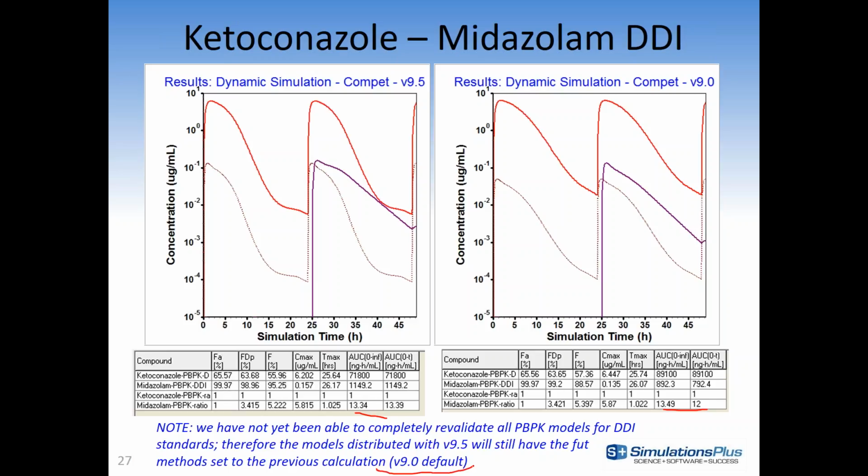And again, the reason is simple. It's taking us a little while to recalibrate or to revalidate all of the models with the new FUT calculation, making sure that not only the PK is still predicted well, but also the DDI effects are still predicted well with those models. So the models in the DDI standards database will not change from the previous version, even though we will add one more model into the database.